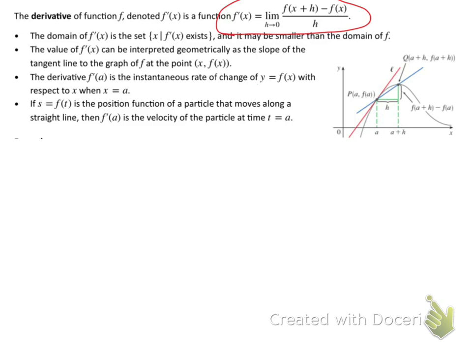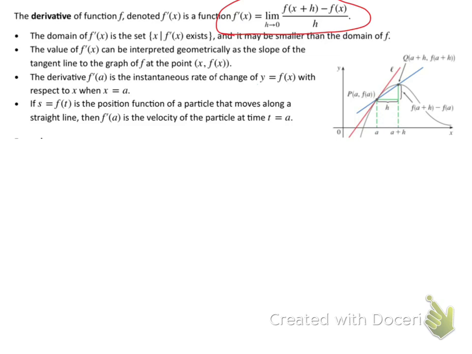The value of f prime of x can be interpreted geometrically as the slope of the tangent line to the graph of f at the point x, f of x. So in the picture here, the black curve is the graph of f.